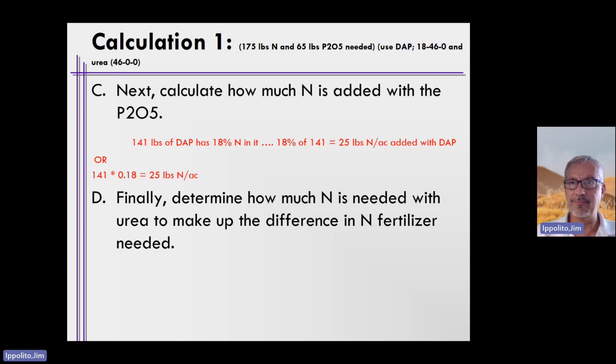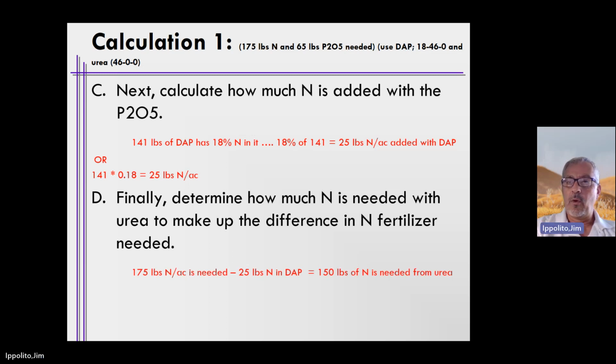Okay, so I just stated the math. Here I have it written down. The corn crop needs 175 pounds of nitrogen per acre, and 25 pounds of nitrogen per acre is applied with diammonium phosphate. So the difference is 150, or 150 pounds of nitrogen is needed from urea.